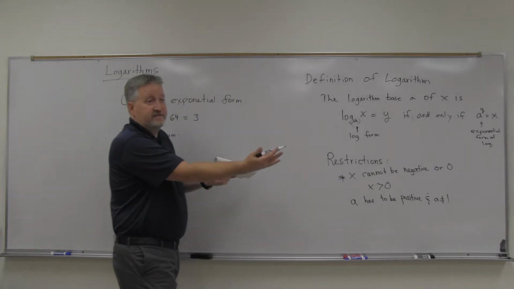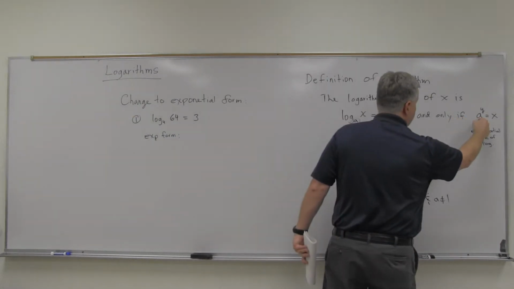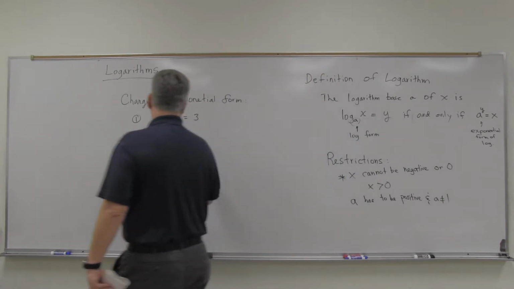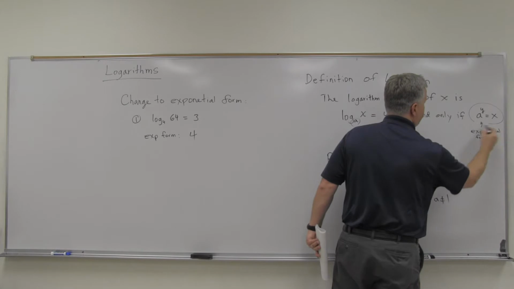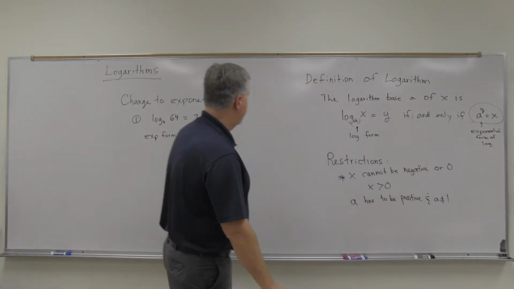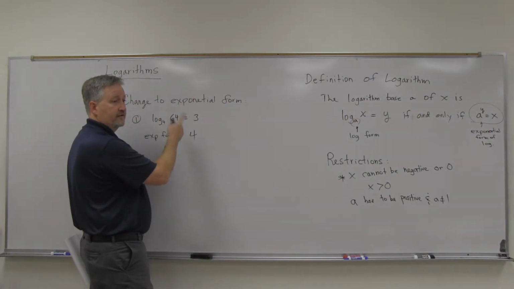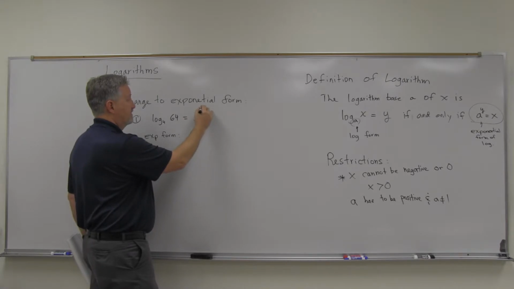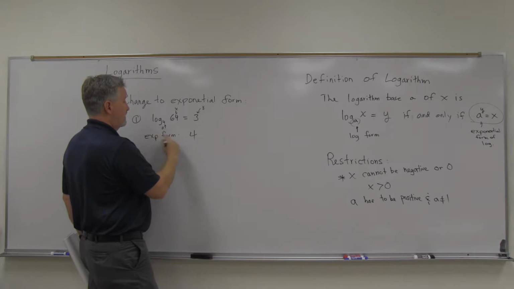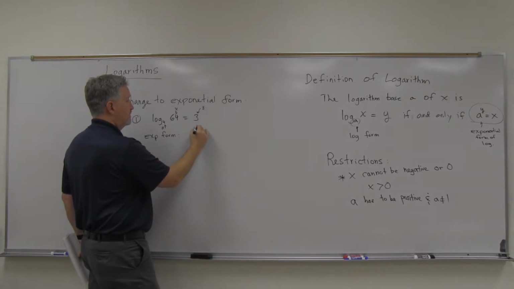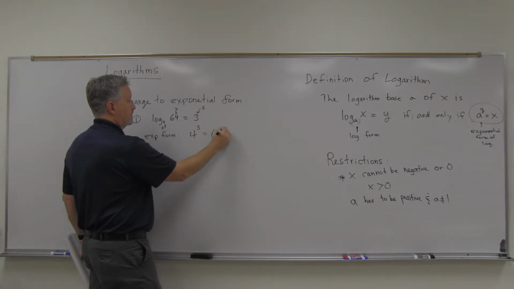It's also the base of the exponential form, right? So that's where the a goes. So the a here is 4. In exponential form, that base gets raised to the power, and in this case the power is right here. That's the y, that's the a, and that's the x. So exponential form is a to the y equals x.